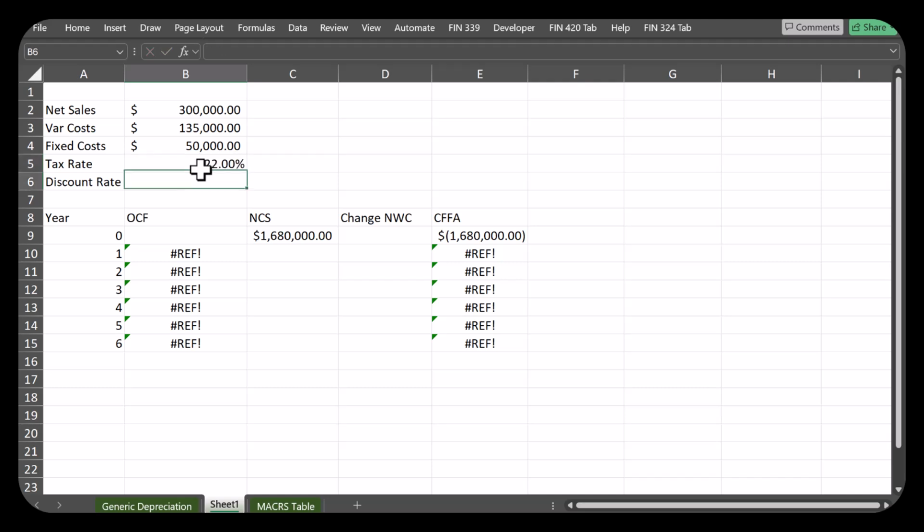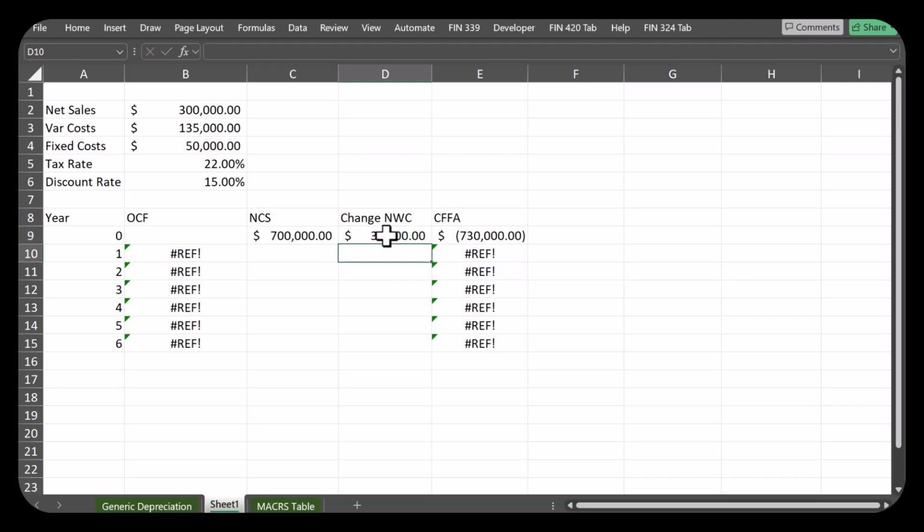Discount rate is 15. We calculated our net capital spending as 1 million, or I'm sorry, 700,000. Change in net working capital, $300,000.